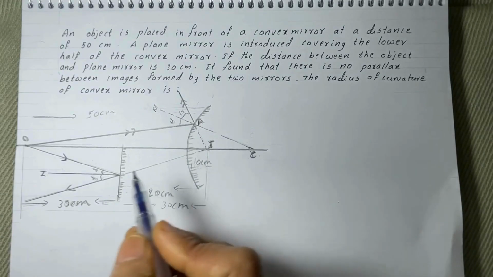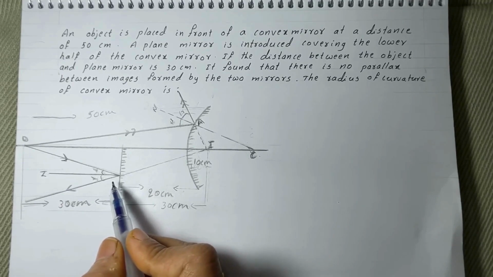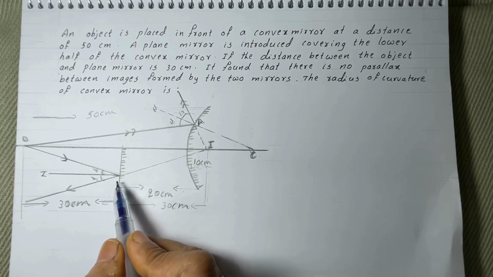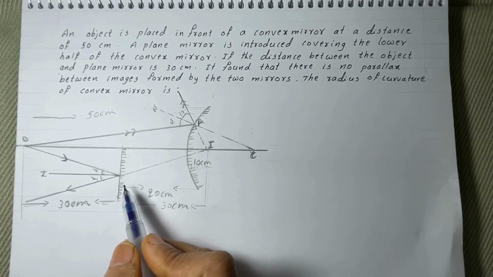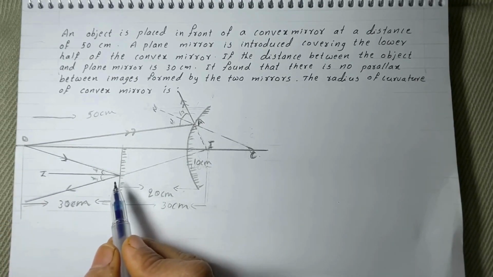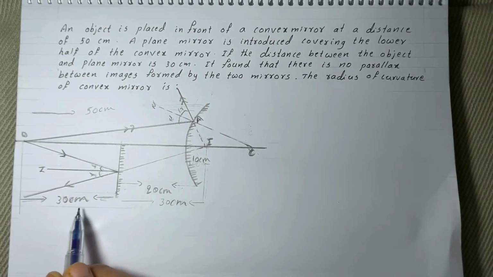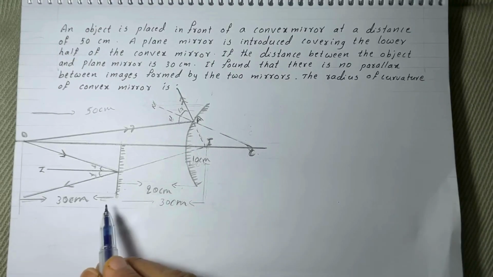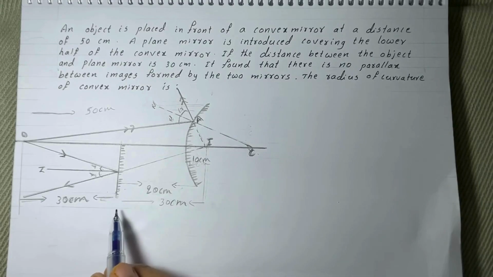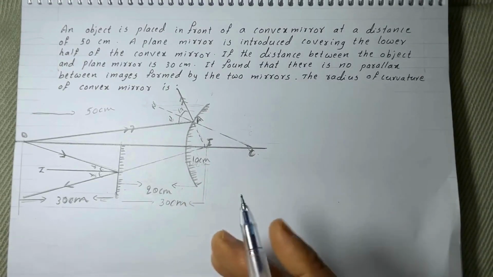So first we start with the image formed by the plane mirror. A plane mirror always forms one virtual image at a distance equal to the object distance. So the distance between the plane mirror and object is 30 centimeters. So the plane mirror forms one image 30 centimeters away from the mirror, behind the mirror.